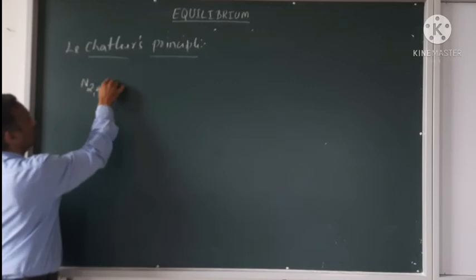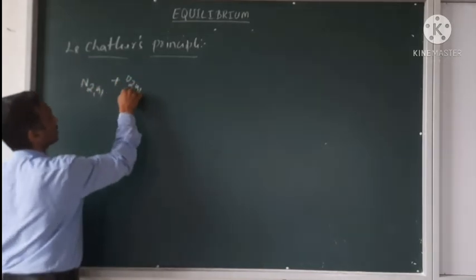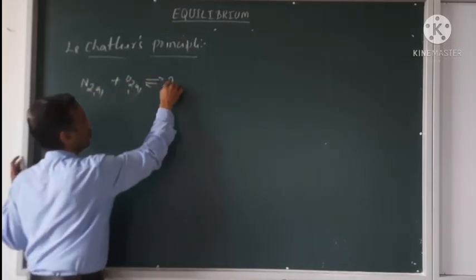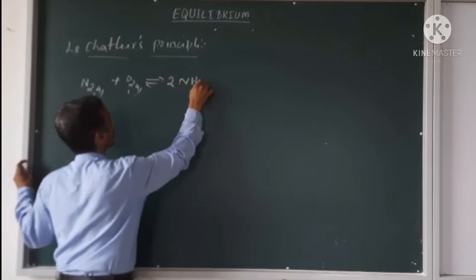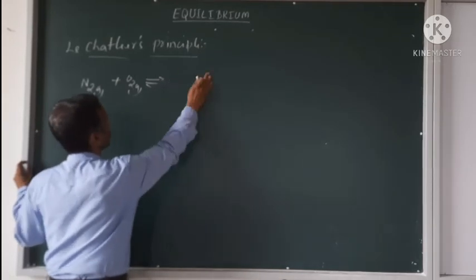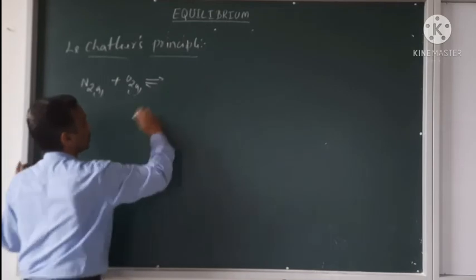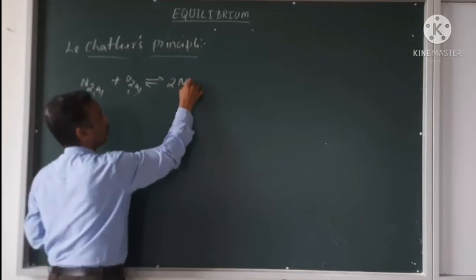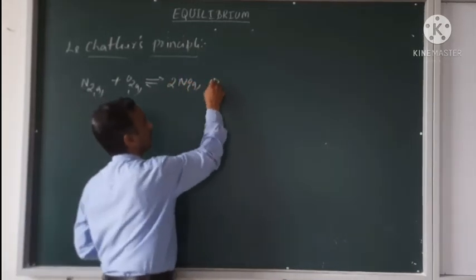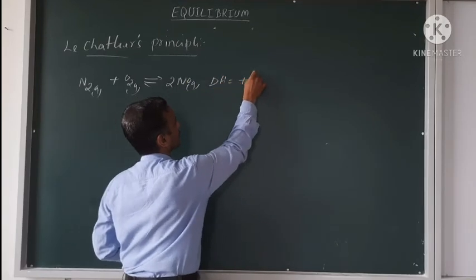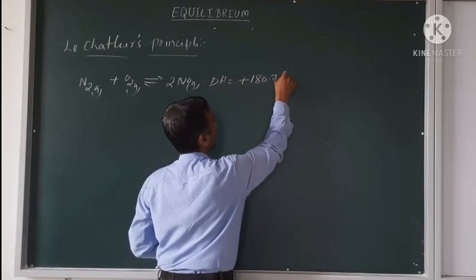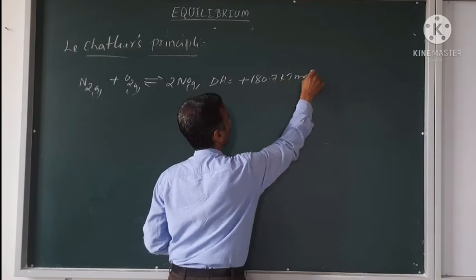N2 gas plus O2 gas giving 2 NO gas, delta H is equal to plus 180.7 kilojoules per mole.